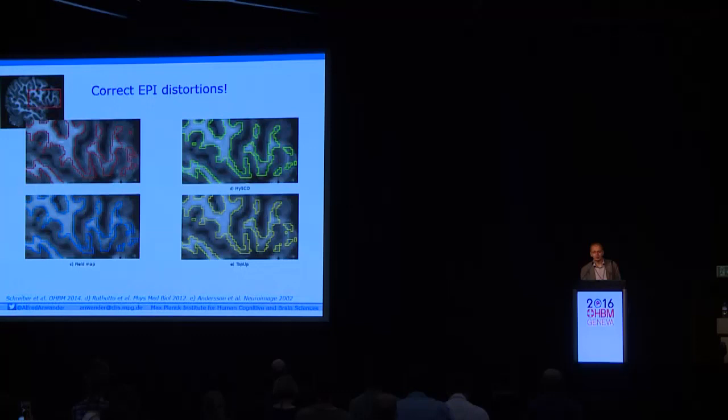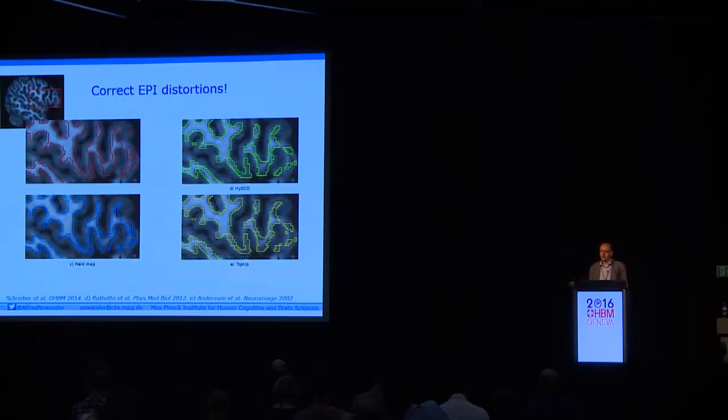Another thing: if you want to define your regions of interest based on the cortical parcellation, the cortical parcellation must match nicely between the anatomy and the diffusion scan. This was already discussed also. If you do a registration between the diffusion images and anatomical images, as done here in the upper left, the red boundary is the diffusion image, and it's distorted, because of the EPI inhomogeneities of the B0 magnetic field.